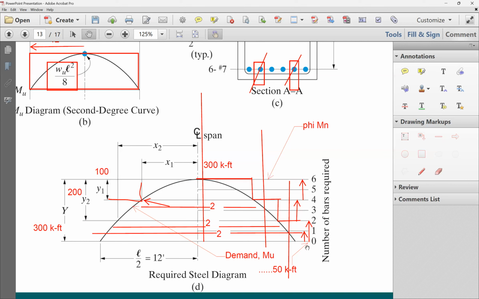Because my feeling is, why should I provide 6 rebars for the entire beam? The demand here is 300, this is true, and the capacity 300. But the demand here is going to be 200, correct? Yes. And the demand here is 100. So I can start to stop some of these rebars.